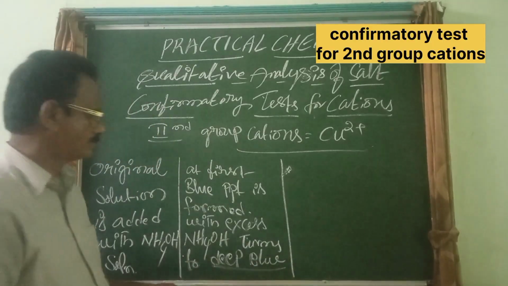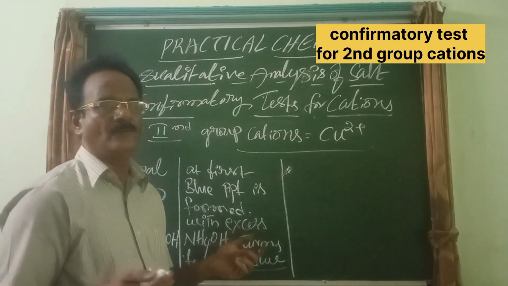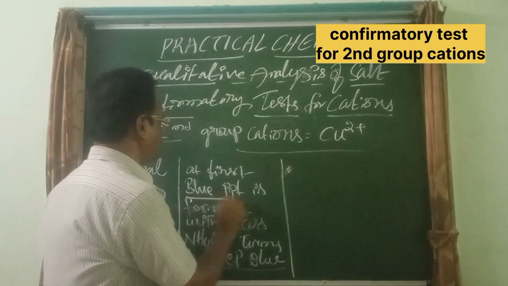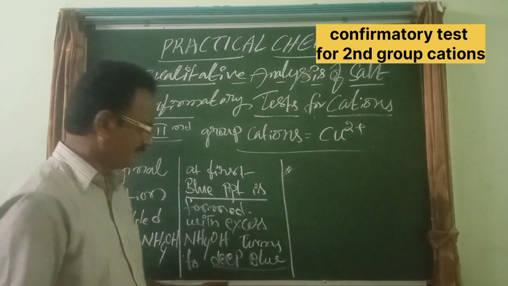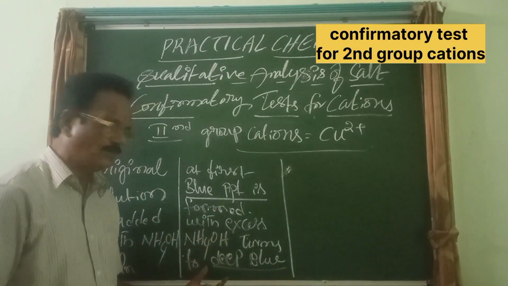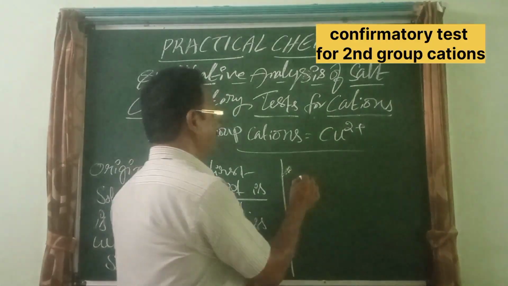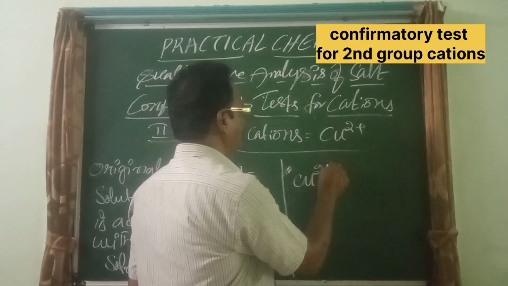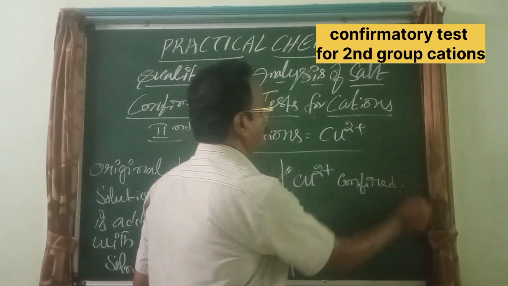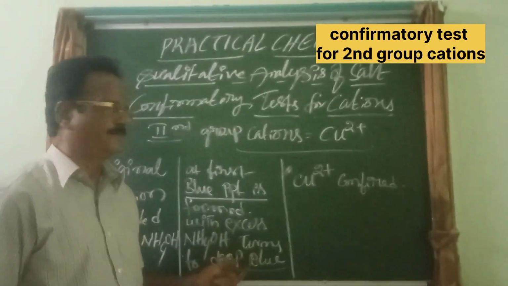Okay, here on adding limited ammonium hydroxide, if copper is there, blue precipitate is formed. When it is added with excess of ammonium hydroxide, it turns to deep blue color precipitate. Okay. Then one can confirm the presence of Cu2+.